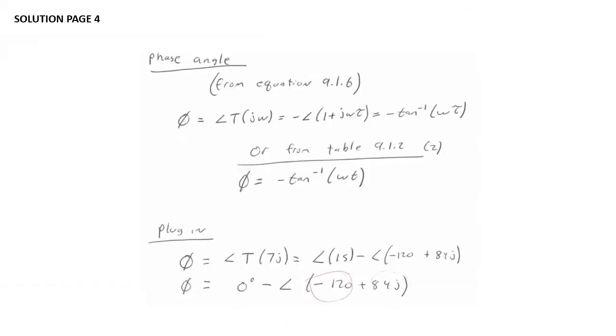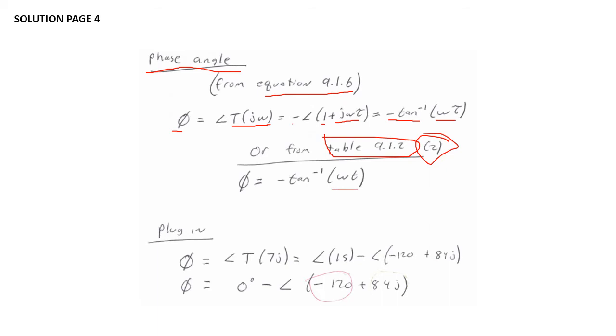The next thing we need to find is our phase angle. We can find the general equation for our phase angle from equation 9.1.6 in our text, where phi is equal to the angle of T of j omega, which is equal to negative the angle of 1 plus j omega tau, which is equal to the negative inverse tangent of omega tau. We can also see that simplified version on table 9.1.2, in the second equation of that table, where phi is equal to negative inverse tangent of omega tau.